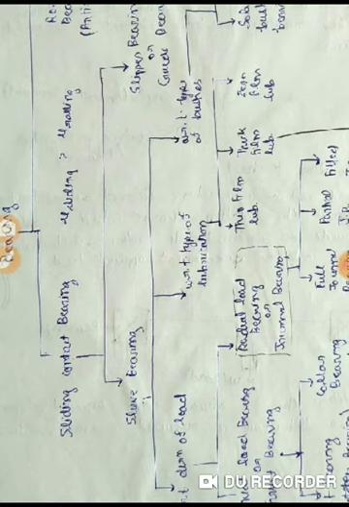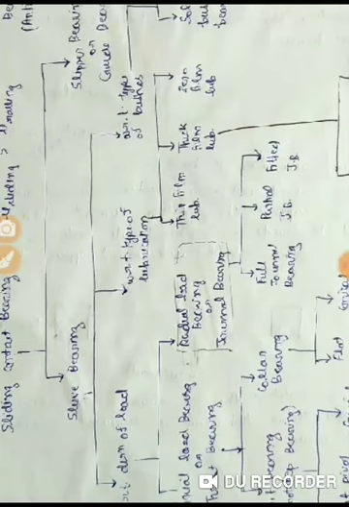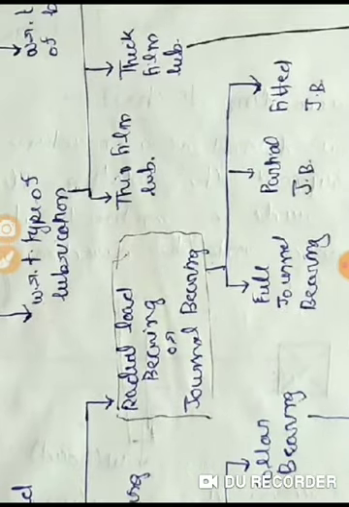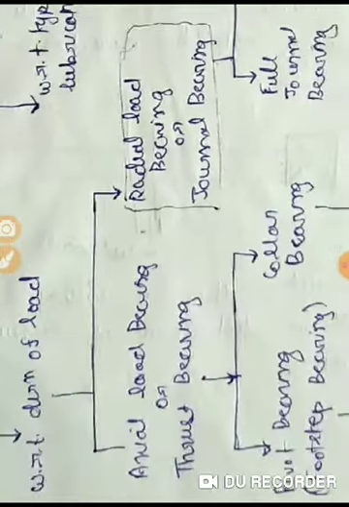This is the classification of the sliding contact bearing. The first classification is sleeve bearing, and the second is slipper bearing. They are further classified into three different types: with respect to direction of the load, with respect to type of lubrication, and with respect to type of bushes.